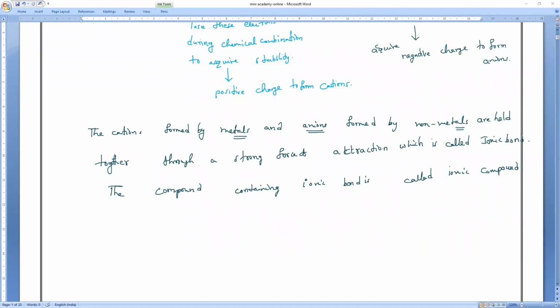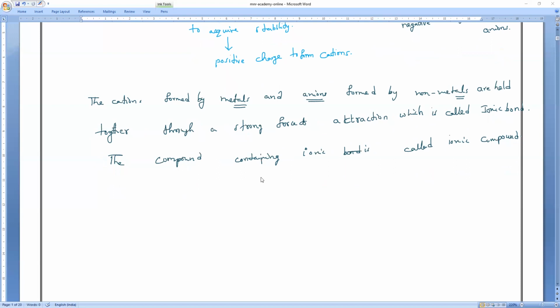What can you people define ionic bond as? That is my question. Anyone? Try at least. There is no sharing of electrons. Ionic bonds will form by what? Complete transfer of electrons from one atom to another atom.